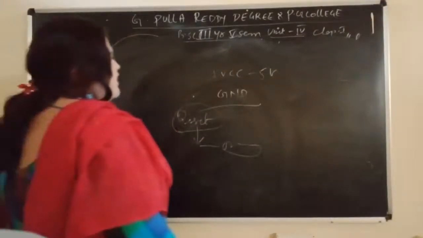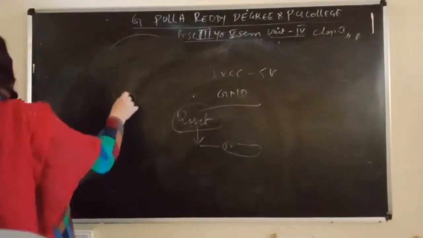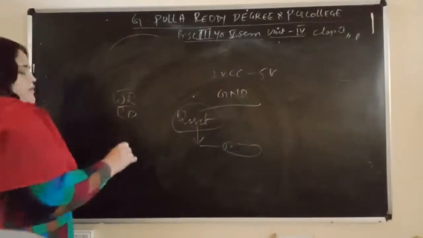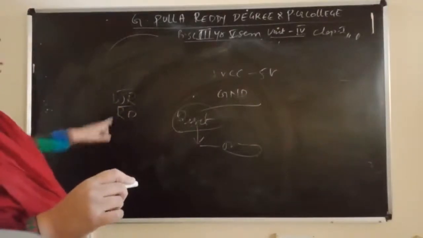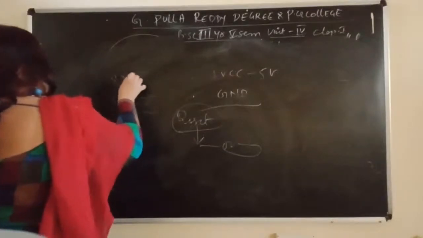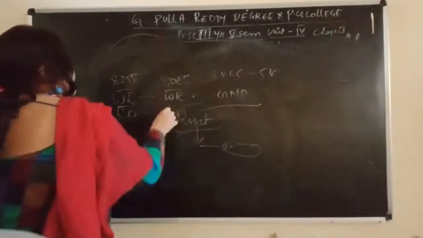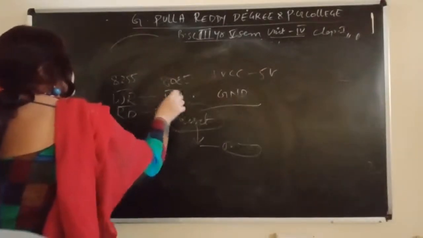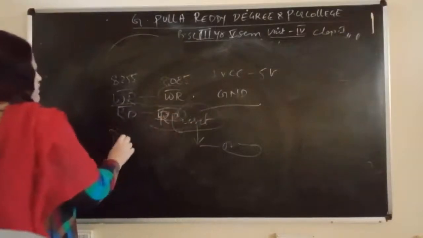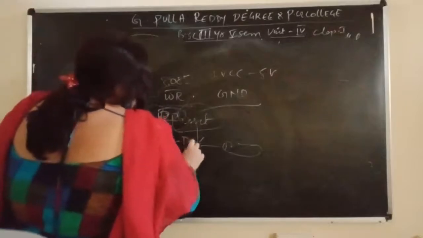Then the next pins are WR bar and RD bar, write and read. These write and read pins will connect from here to here, and data pins of 8255 will connect to data pins of the microprocessor.